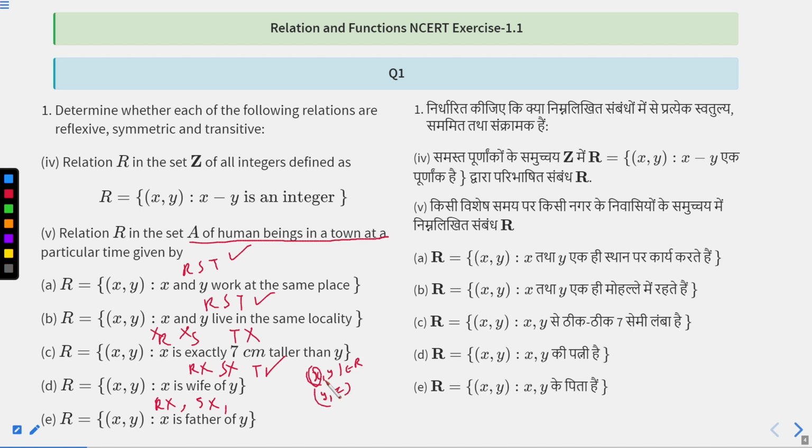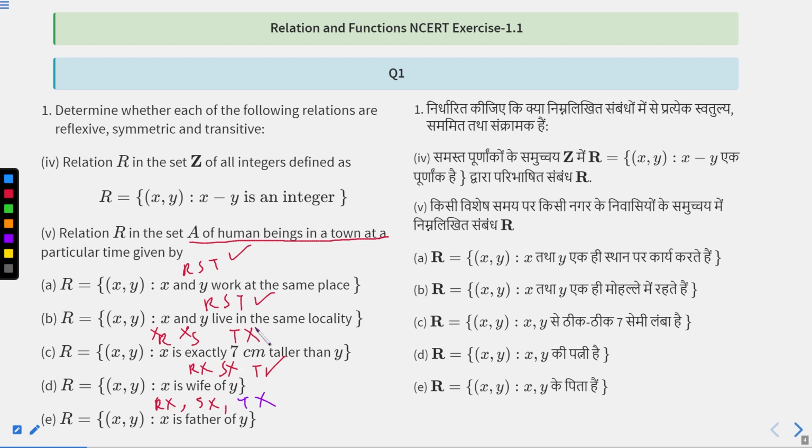Then the relationship between x and z will be that of grandfather. So x is not the father of z. This means transitivity also does not hold.